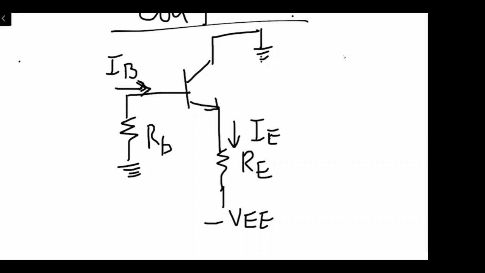And if you see at the base emitter junction, we have the voltage which is VBE, and at the collector and emitter we have the voltage which is VCE, right? Are you with me?